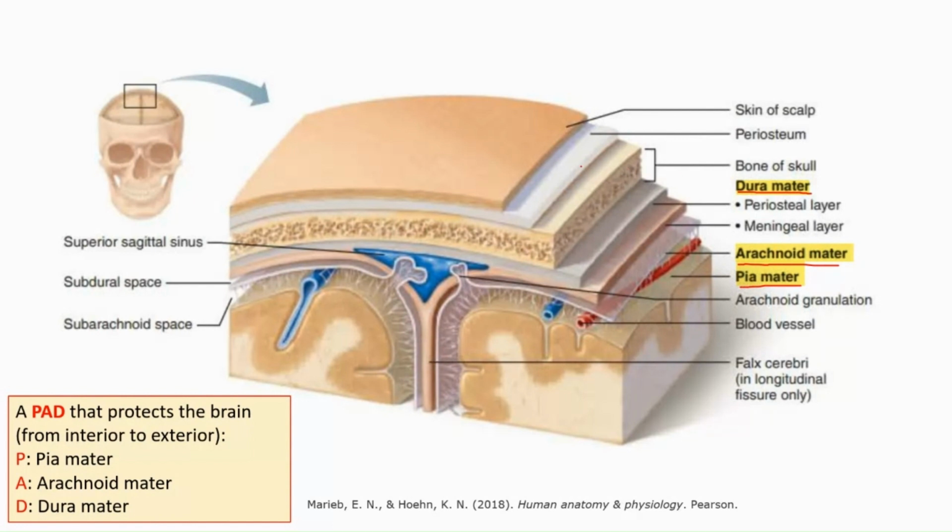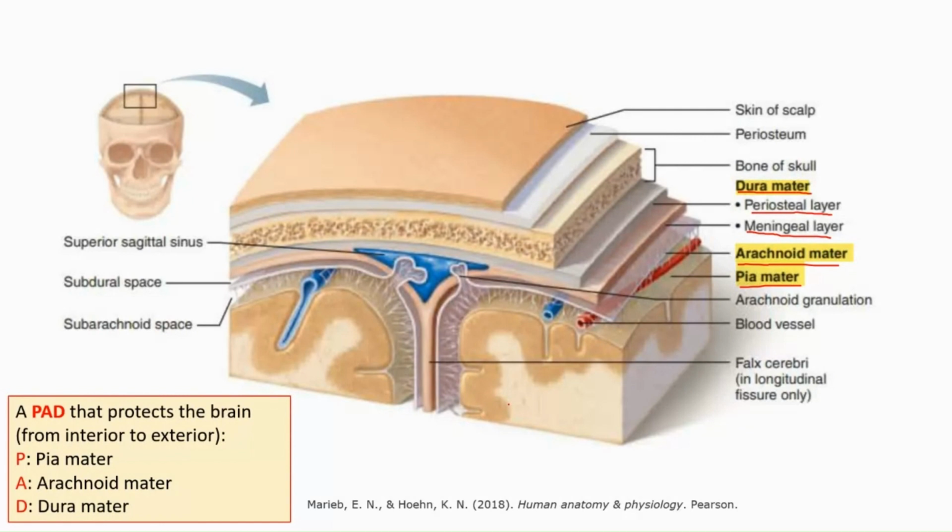The dura mater, as you can see here below the bone, has two important layers: the periosteal layer, and as the name indicates, it's below or surrounding the bone, and the meningeal layer. We will discuss them in detail. Then below them we have the arachnoid mater and the pia mater.